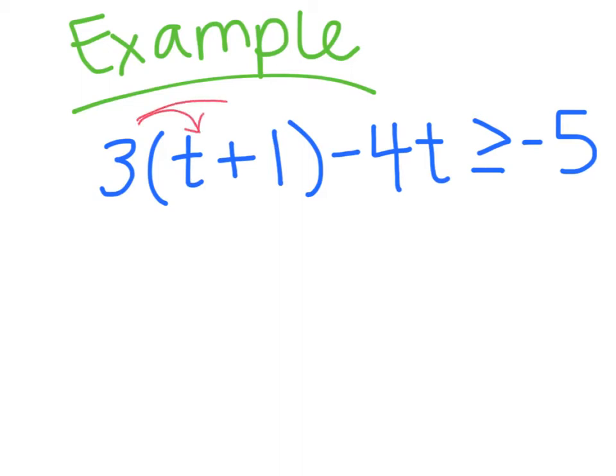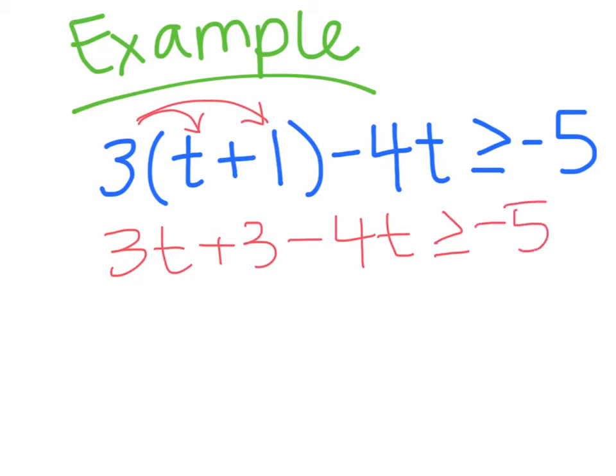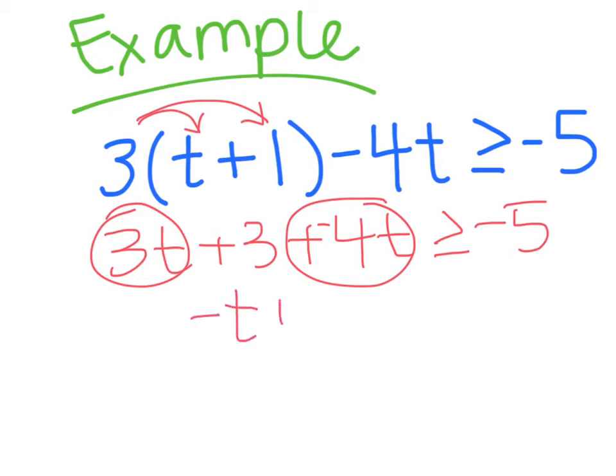So distributing first, we get 3t plus 3 minus 4t is greater than or equal to -5. Then we combine 3t and -4t. So if we add the opposite, we can see that very clearly. That's -4t. And then we're left with -t plus 3 greater than or equal to -5.